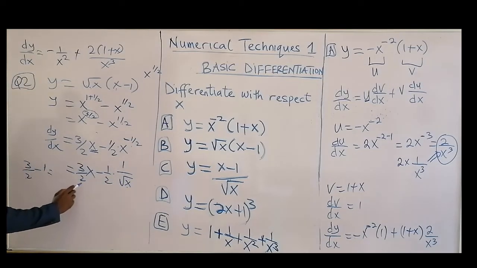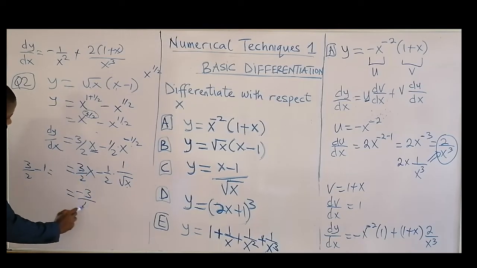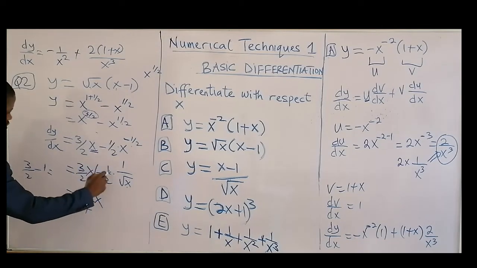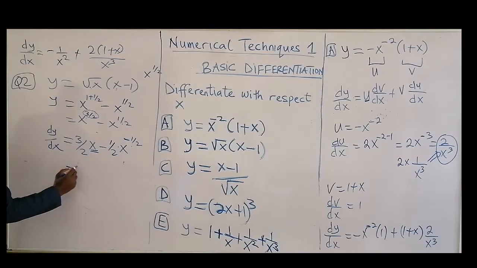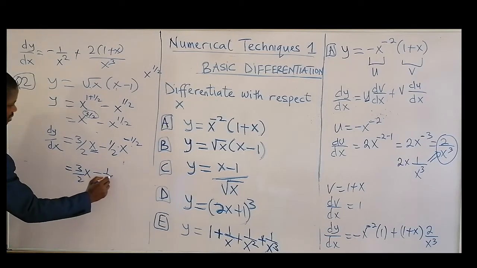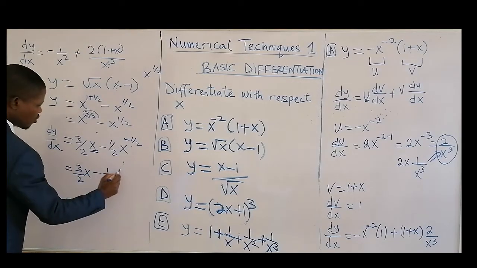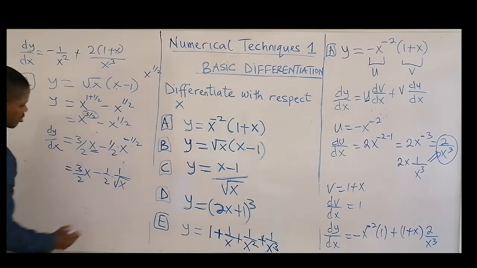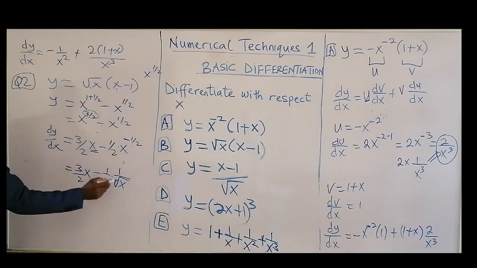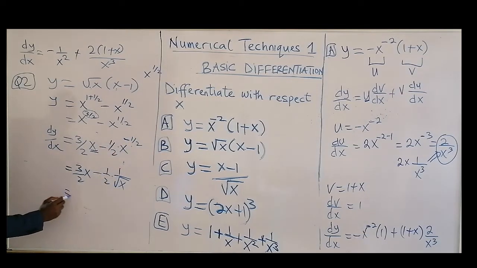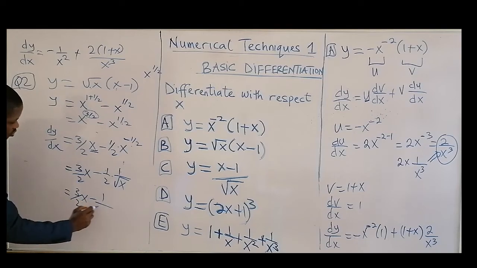So the final answer will be 3 over 2 times square root of x, minus 1 over 2 root x. Don't forget, x to the power half is square root of x. So that will be equal to 3 root x over 2, minus 1 over 2 root x.